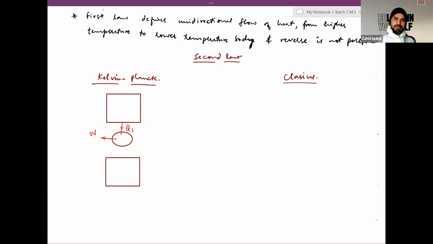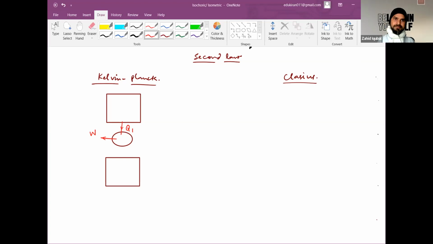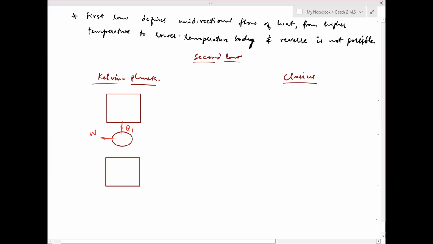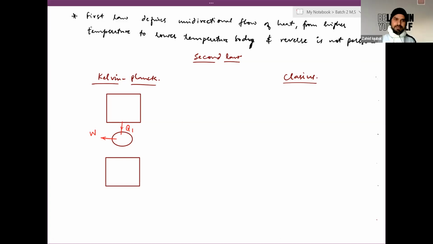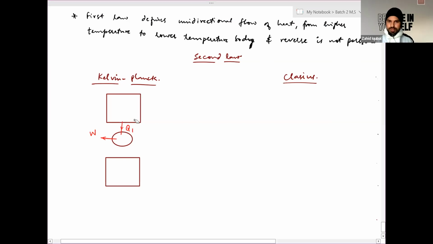Samira, is it clear? So can you repeat? In this part, it states no process is possible whose sole result is absorption of heat from this source or from a higher body and complete conversion of heat into work done, that is mechanical energy, without any loss of energy into surroundings.